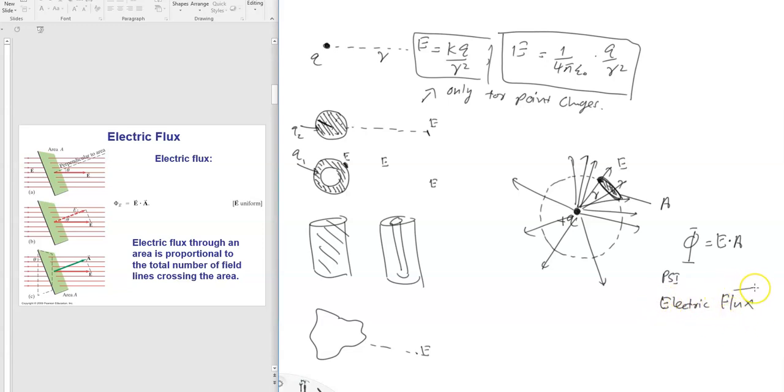This is the simple definition of electric flux: the electric field that comes out through an area multiplied by the area. The symbol is the capital Greek letter psi.